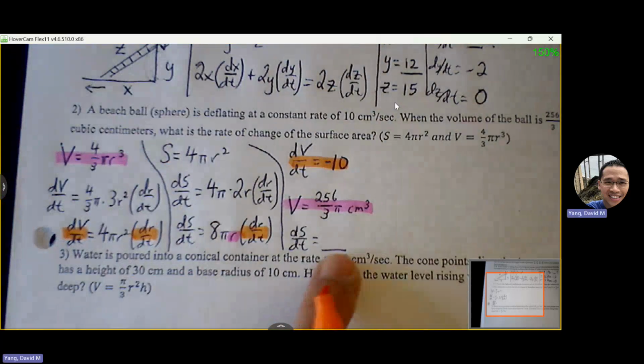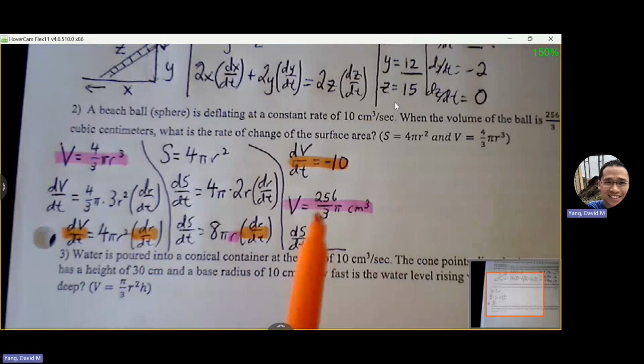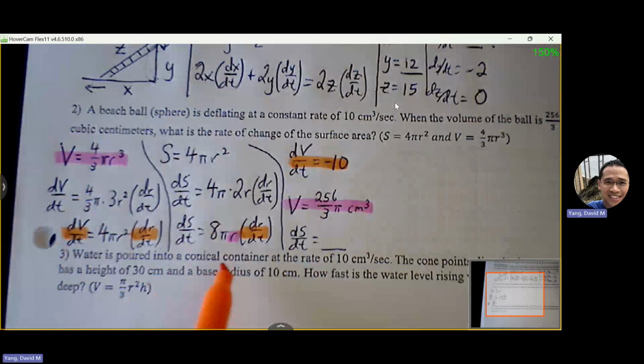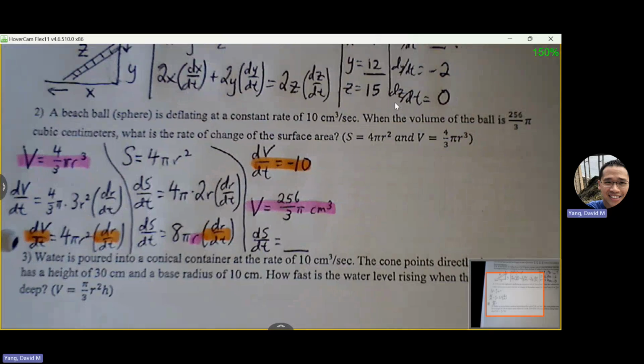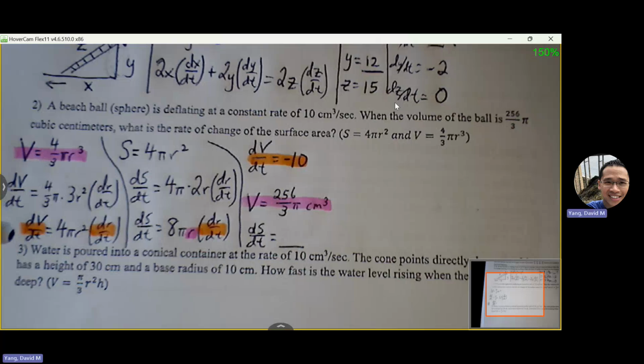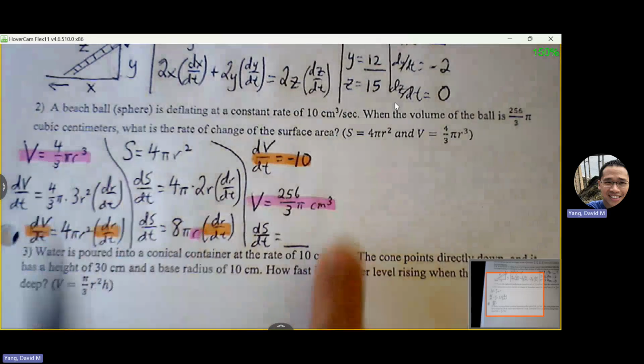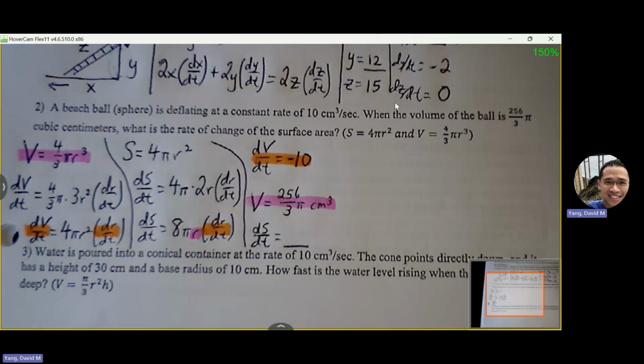But let's focus on solving for r first, right? We have our volume value. We should be able to algebraically solve for r, and that will give us that first piece that we need for this problem. Okay, try that. Solve for r first, what I highlighted in pink here.